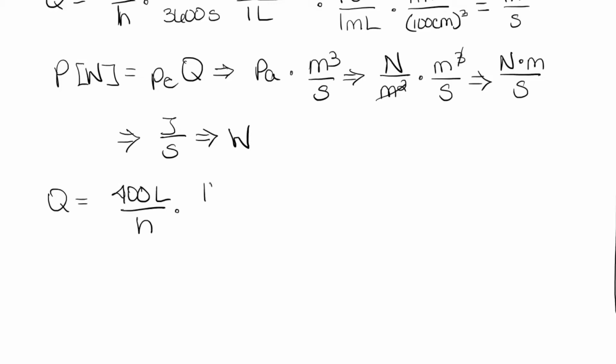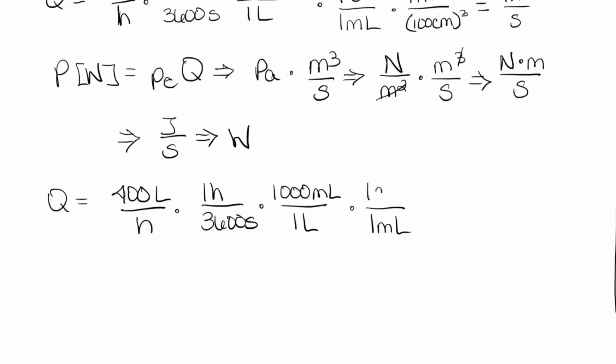So working that out, 1 hour, 3,600 seconds, times 1 liter over 1,000 milliliters, 1 milliliter to 1 cubic centimeter, and 1 cubic meter to 100 centimeters cubed.